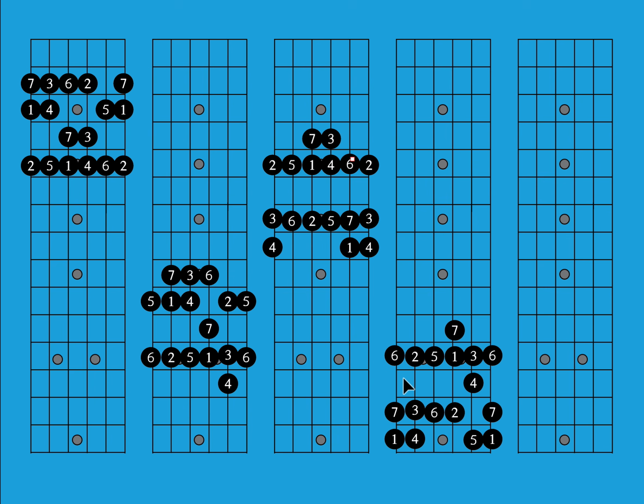What is the 6? It's E. So I'm going to go ahead and move that over to E, which is here, and we'll follow the same process. These will be copied from E string to E string.